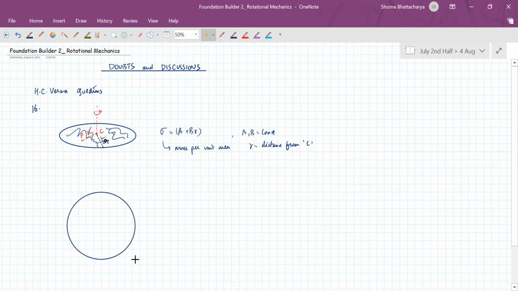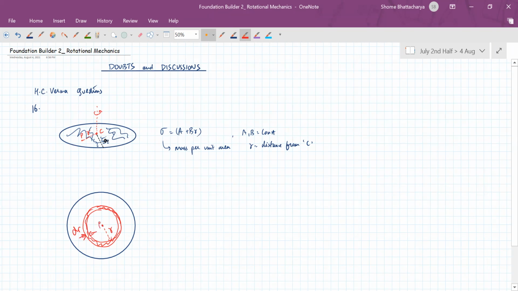Sigma will not be a uniform quantity, sigma will be variable. So this is the top view of that disk. If we slice a thin ring of radius r and differential thickness dr.